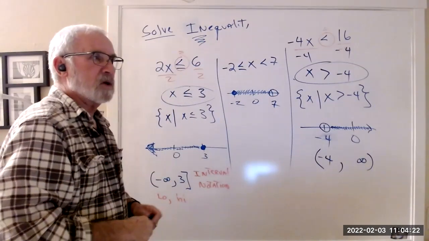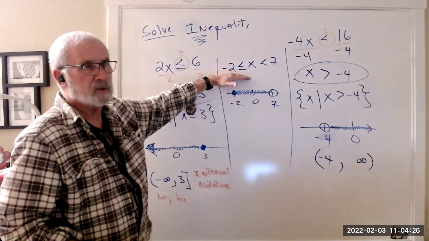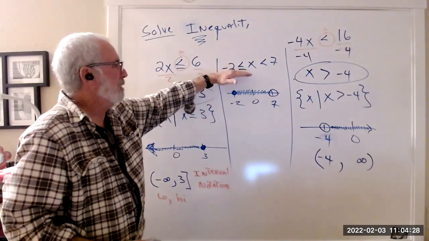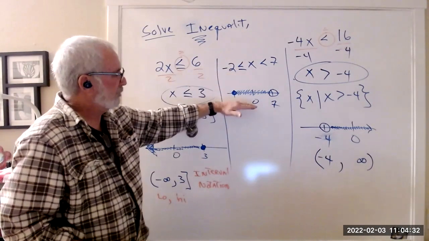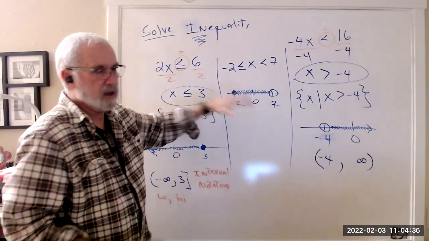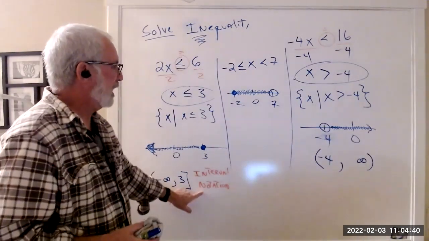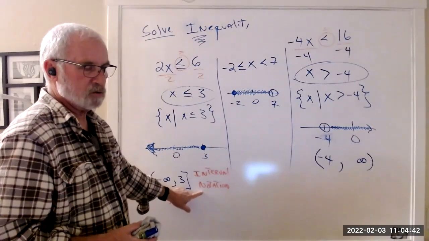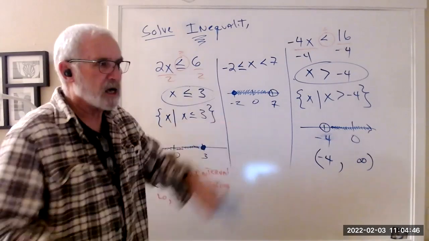Okay, so this set builder, it's kind of a complex form, but this set builder answer becomes this graph. And now how do we take this graph and put it into interval notation? Well, again, low to high.